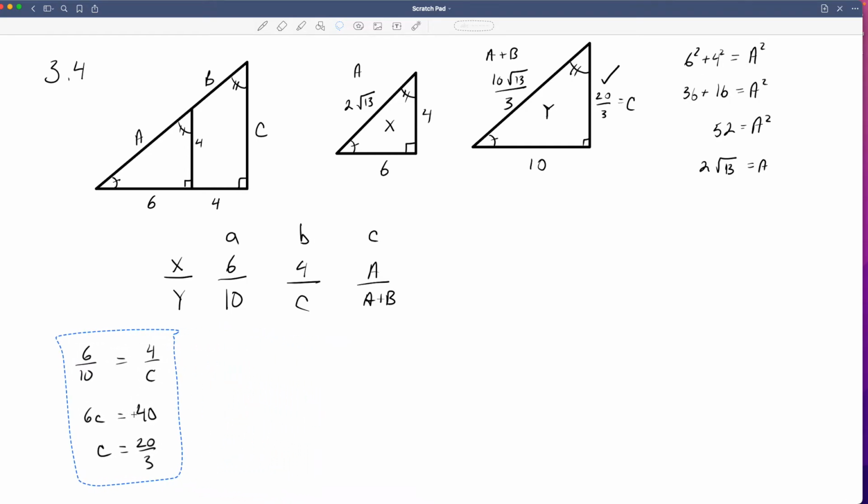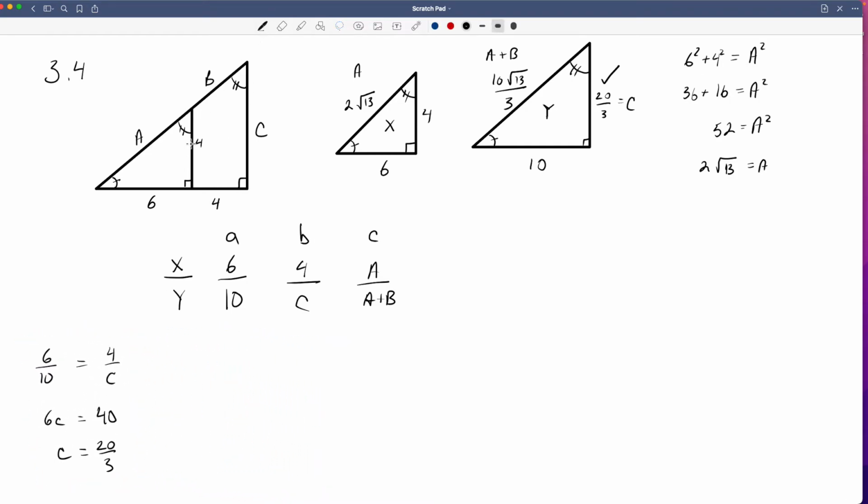I tend to write in the middle and end up having to move stuff out of the way. So the only way that we can find A was Pythagorean's theorem. Regardless, we had to find a value on this side in order to compare it to a value on this side.